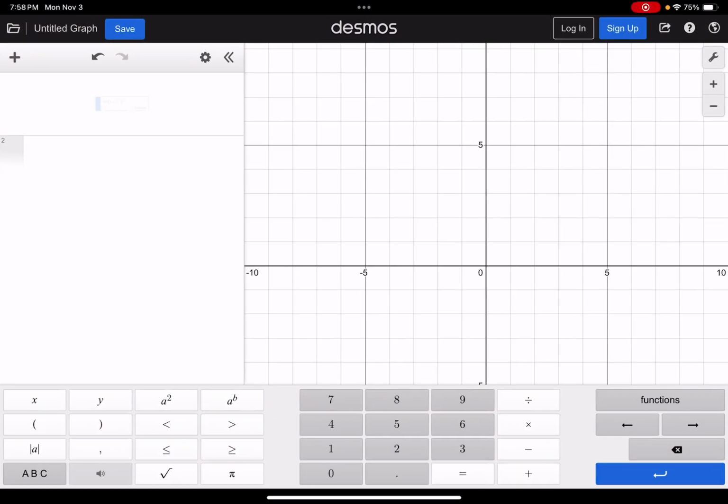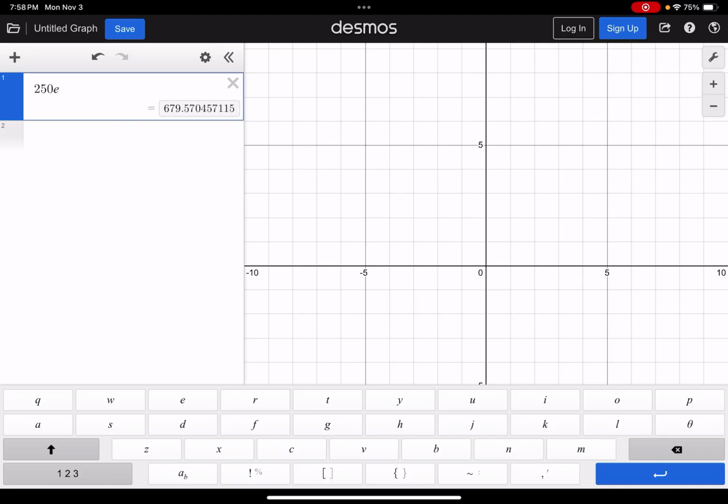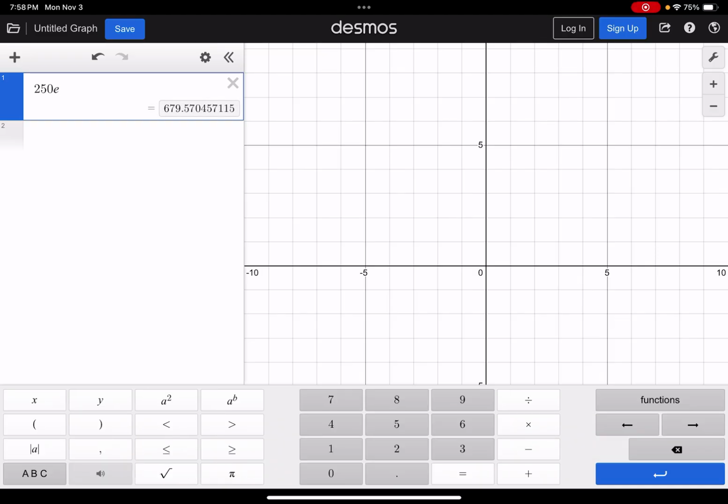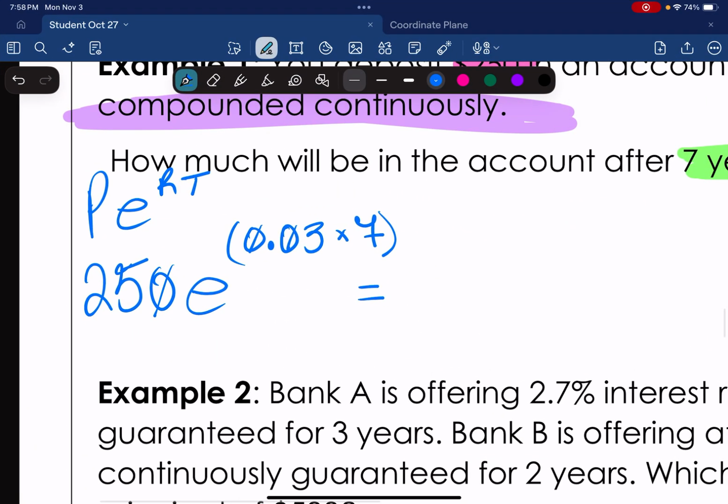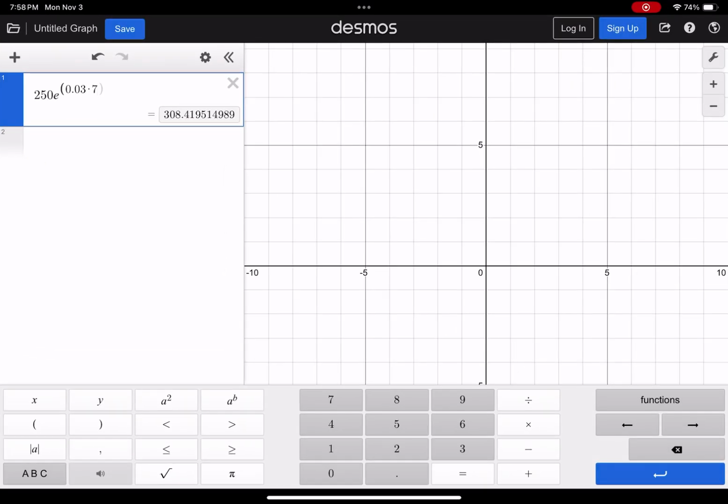So we're going to put 250 E raised 0.03 times 7, $308.42.